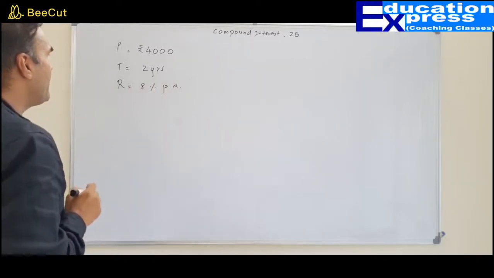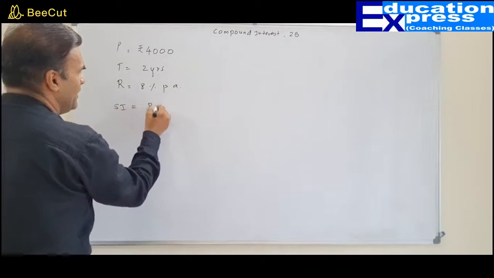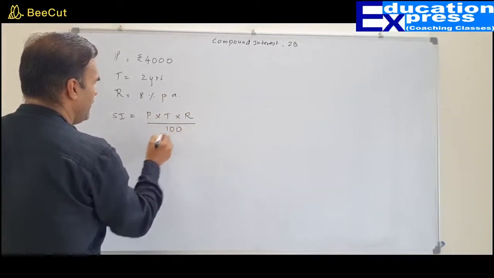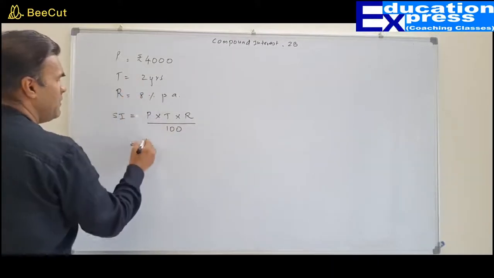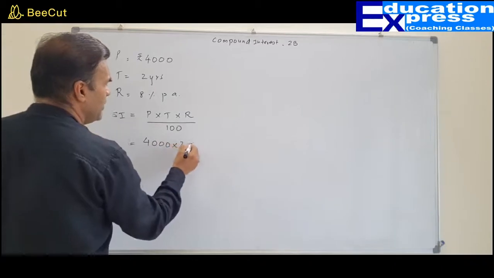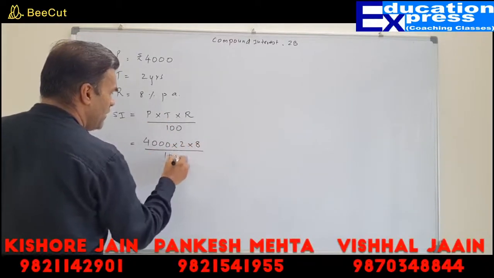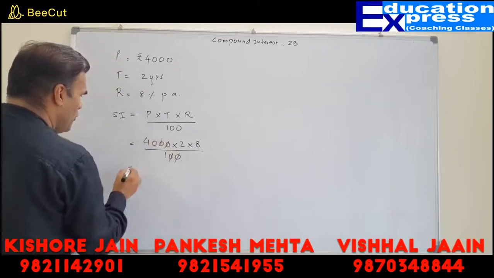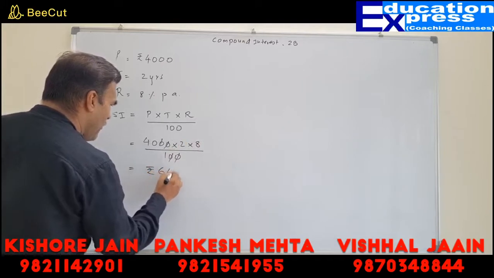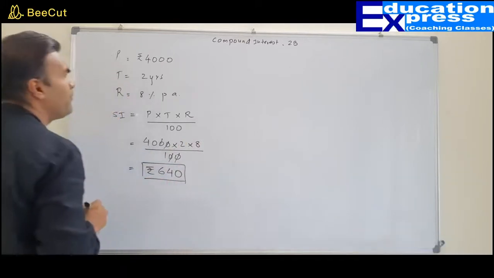First, let us calculate simple interest. Simple interest is P into T into R upon 100. How much is the principal? 4,000. Time 2 years. Rate 8% upon 100. So 8 8s are 64. 640 rupees is the interest.